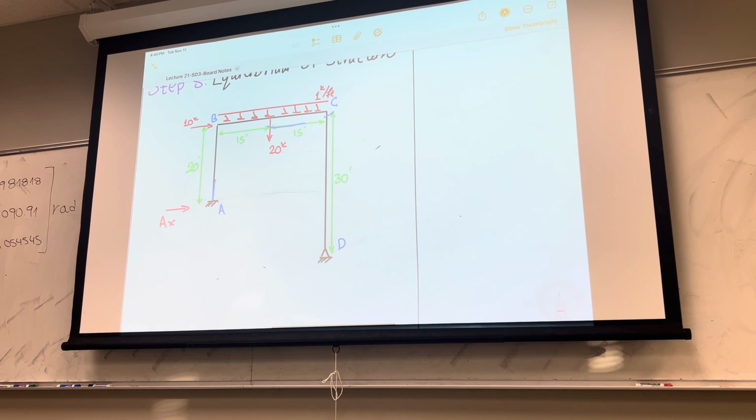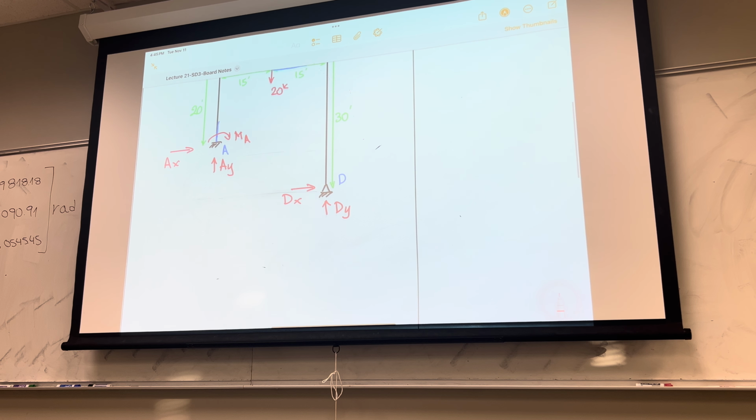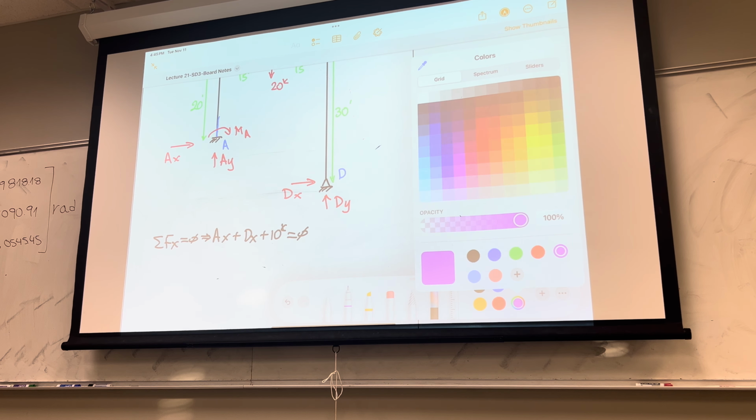And you have AX, and you have BX. We also have AY, and we also have a moment here, MA, and a DY here, but we don't care about these, because they will not help us. We can have one extra equation here. Which is this extra equation? Sum of forces at x equals 0. And this will give us AX plus BX plus 10 kips equals 0. This is equation number 10.